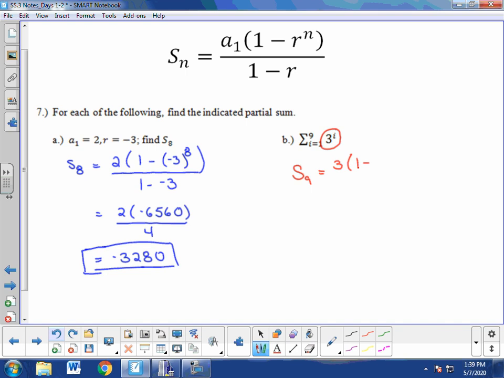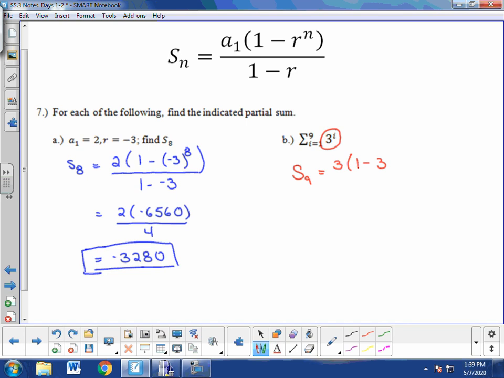What this notation means is that we're multiplying each term by 3. So the list would go 3, 9, 27, and so on. So we're multiplying each term by 3, so the ratio is a positive 3.